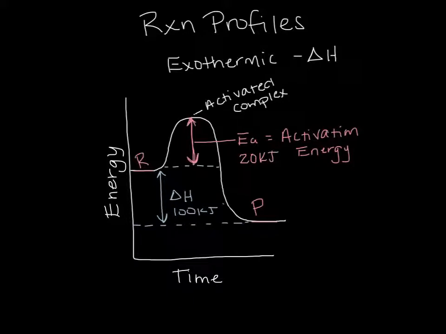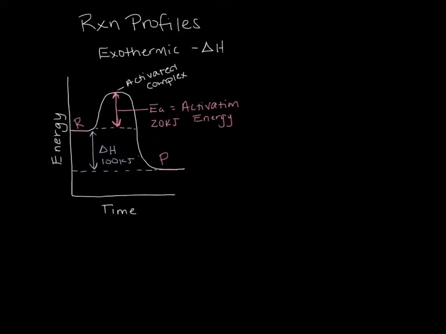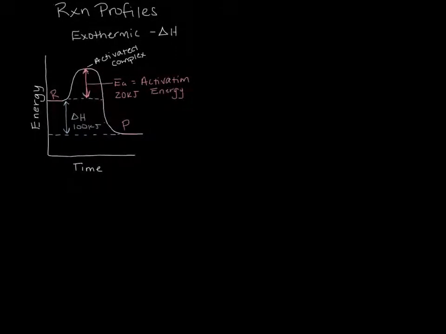So now, if my forward reaction was exothermic, this means that my reverse reaction is going to be endothermic. So I can make this a little bit smaller, and I'm going to draw the reverse reaction of this same reaction.